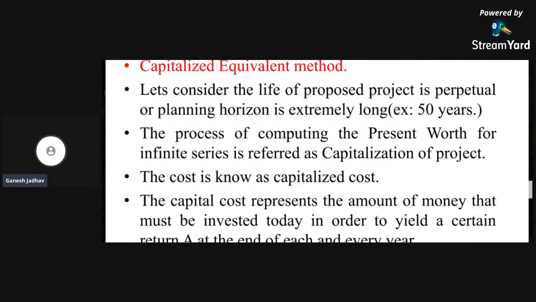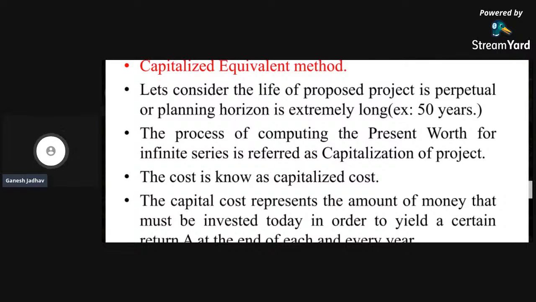This process of computing the present worth for an infinite series is referred to as the capitalization of the project, because here the lifespan of the project is 15 years or more. So we can say that it is a very long or extremely long planning.